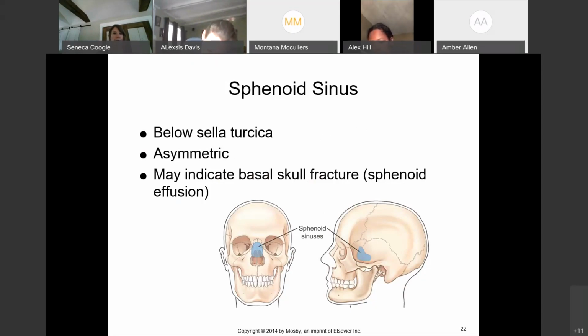So blood or cerebrospinal fluid can leak through any type of fracture or basal skull fracture, and then you'll get your sphenoid effusion. So that's a good indication. If you've got fluid in your sphenoid sinuses, you've got some type of fracture somewhere. So they can further diagnose if you've got some type of skull fracture. The sphenoid sinuses don't normally fill with fluid. They're not like the maxillary or the frontal. So if you've got fluid in those sphenoid sinuses, you've definitely got some type of pathology.